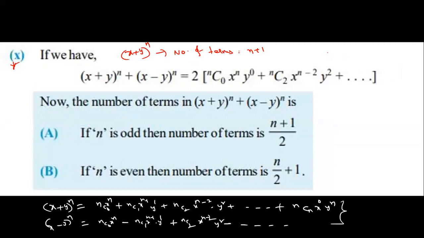After adding, these terms are cancelled. That's why we get the values nC0, nC2, nC4 like that. That is the answer.